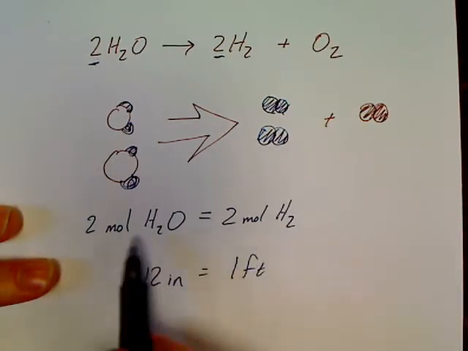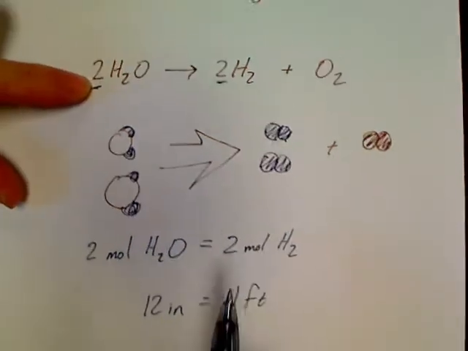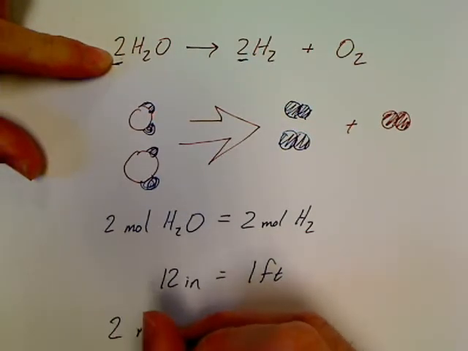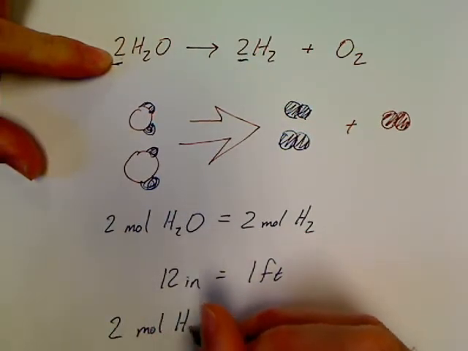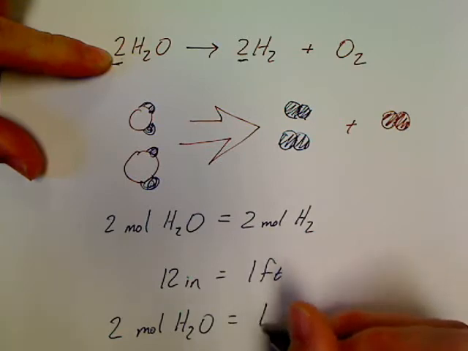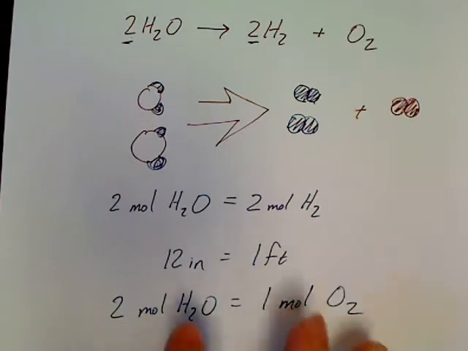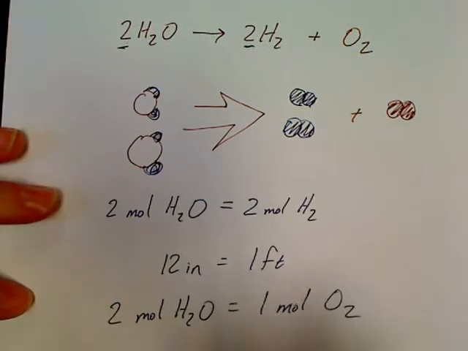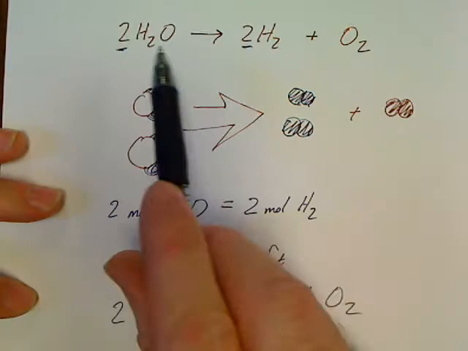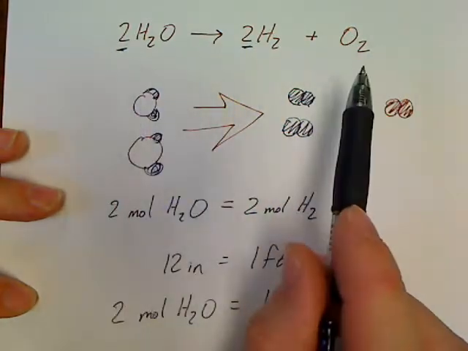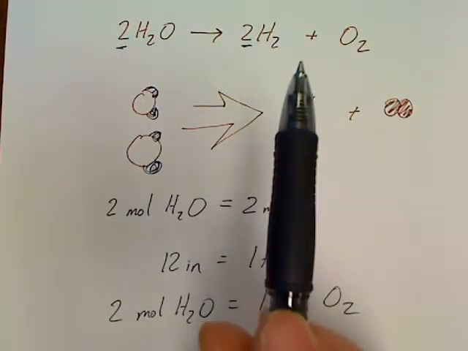All this is a conversion factor. For every 2 moles of H2O, we should make 1 mole of O2. It's another conversion factor. All that's going to change is that these become our conversion factors.